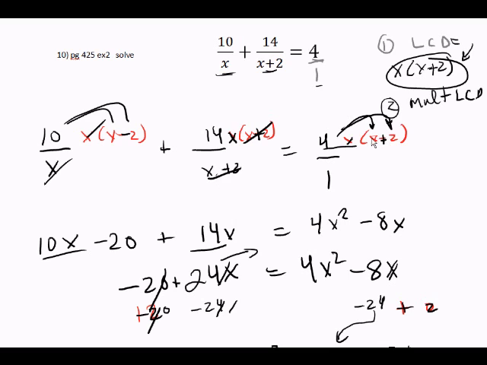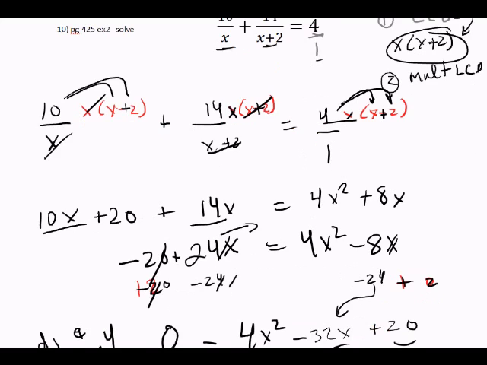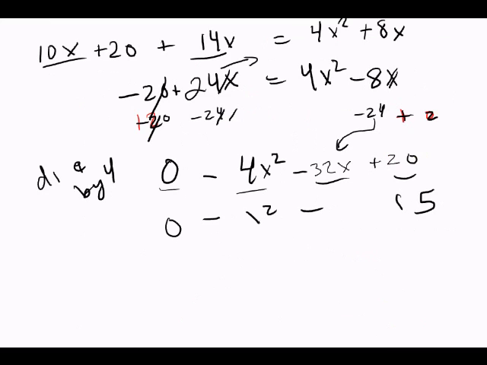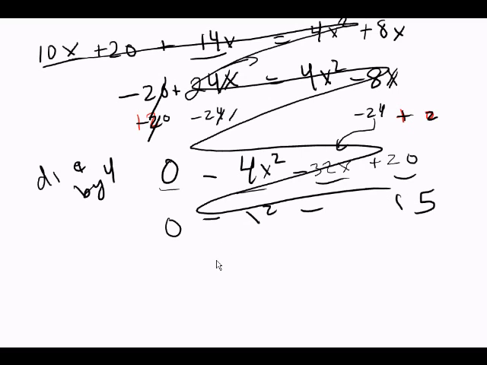That's the bad thing about this pen. That part goes away, and I don't realize it. So we had to multiply. These canceled. This ended up being a plus. What else changed? This ended up being a plus.